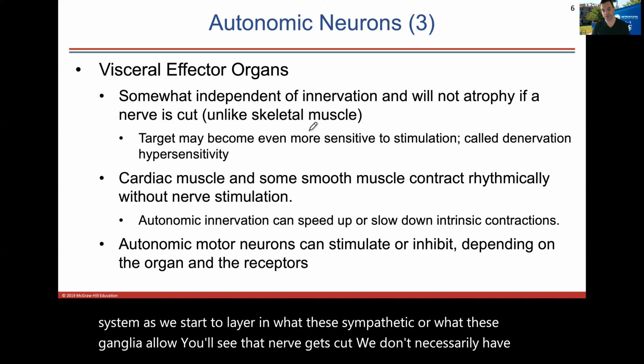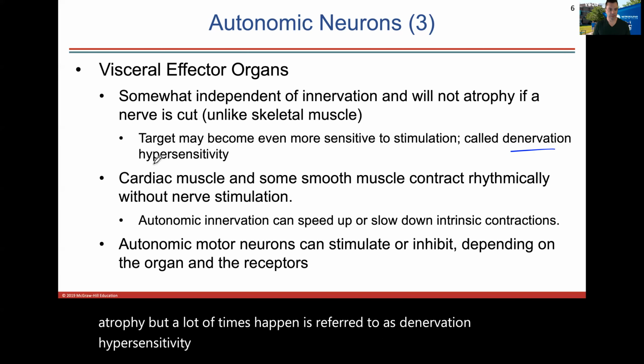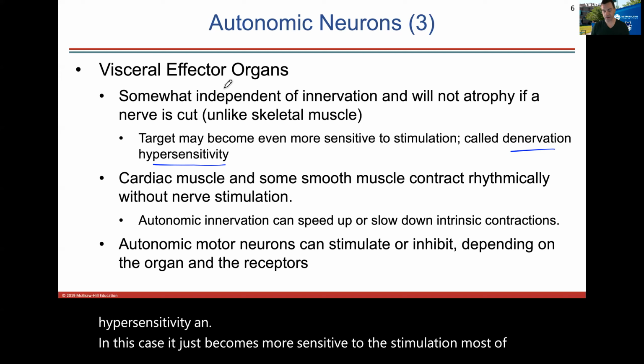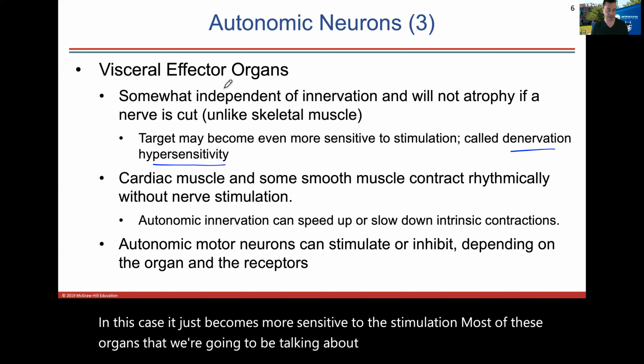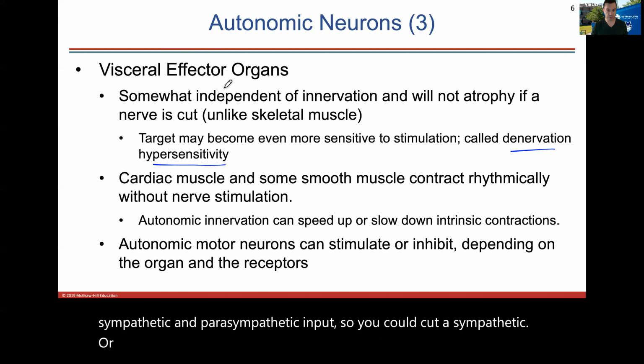What a lot of times happens is referred to as denervation hypersensitivity. And in this case, it just becomes more sensitive to the stimulation. Most of these organs that we're going to be talking about receive both sympathetic and parasympathetic input. So you could cut a sympathetic or a parasympathetic, one or the other, and it would cause some hypersensitivity.